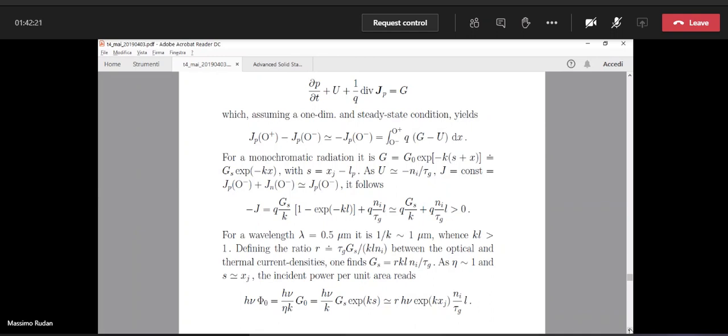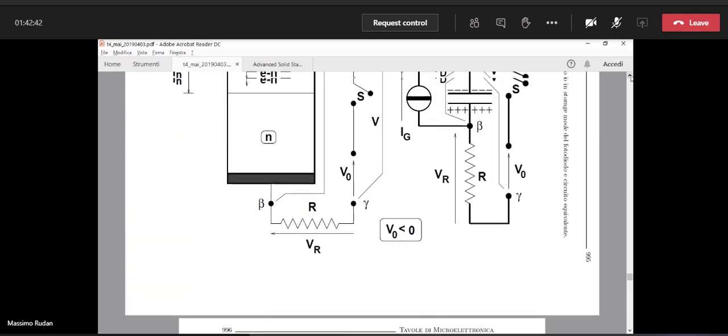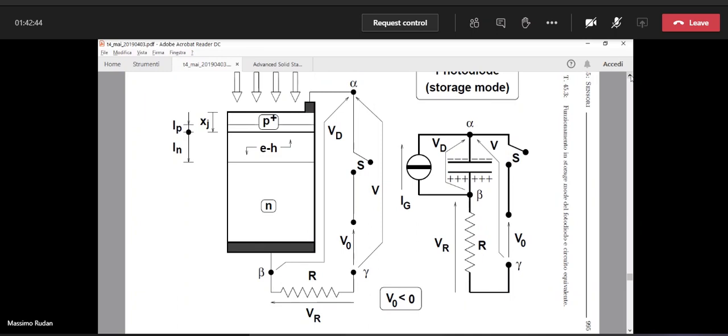Then we assume a one-dimensional condition. As usual, we take the x-axis normal to the surface of the device. Okay, so in the figure, the x-axis is vertical.